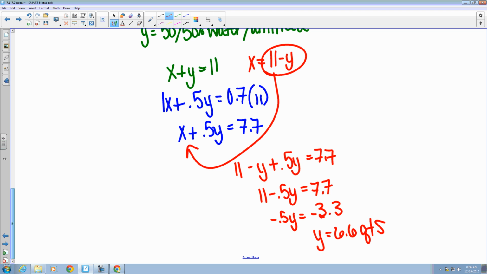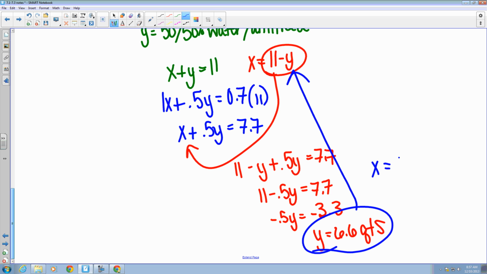And then we're going to put the 6.6 back in for the y up here to figure out how many 100% antifreeze quarts we need, which is 4.4 quarts. And that was it for section 2 on using substitution to solve systems of equations.